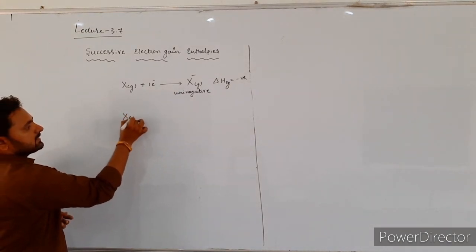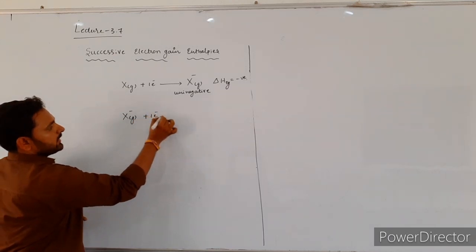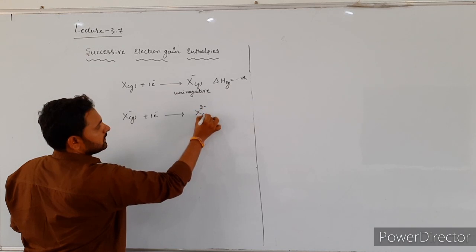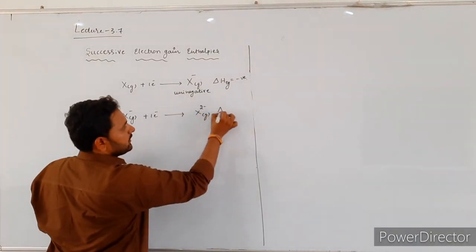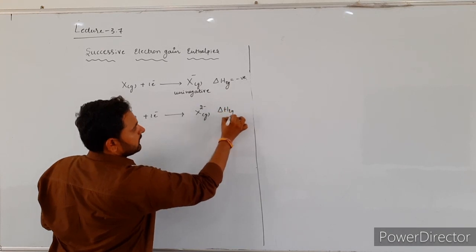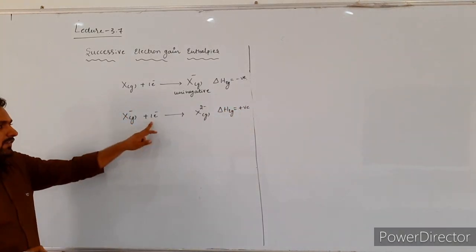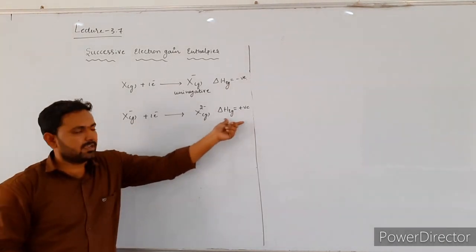When an electron is added to a uni-negative ion, the uni-negative ion is converted into a di-negative ion. During this process, the delta H value is positive. Why is the addition of an electron to a uni-negative ion endothermic?